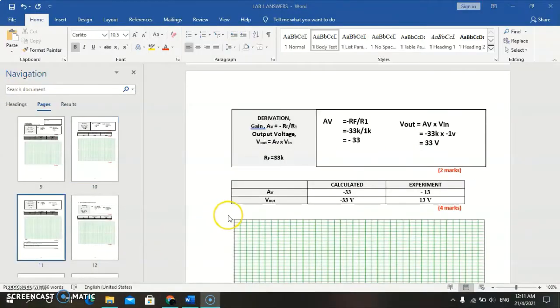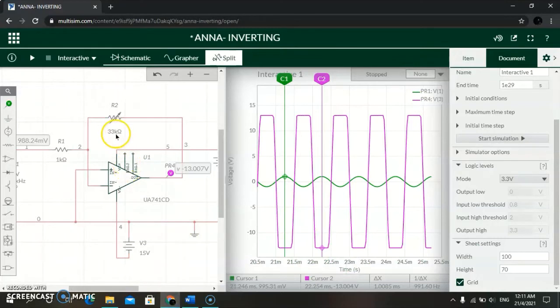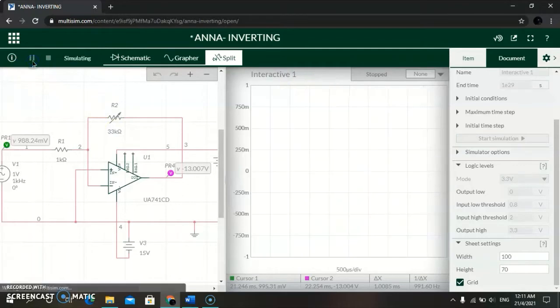And for inverting with RF 33K, this is the circuit. We already changed RF, so we run.